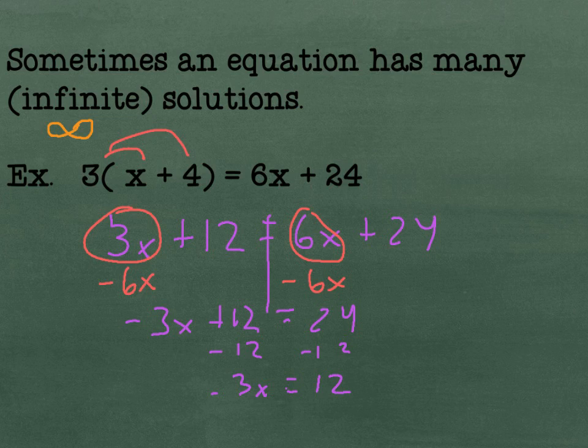So we would find out that x is actually equal to negative 4. So this one does have one solution. If we were to have infinite solutions, we might see 12 equals 12, or 5 equals 5. It's something that would make a true statement. But because I wasn't paying attention, that didn't work so well here.